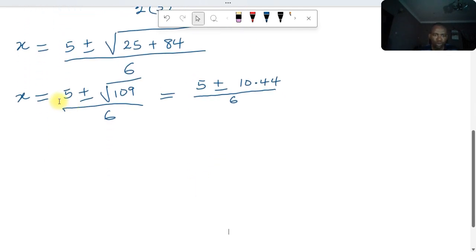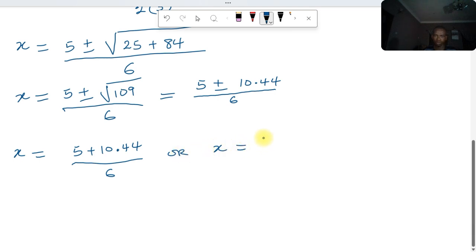So we have x equals 5 plus 10.44 all over 6, or I have x equal to 5 minus 10.44 all over 6.